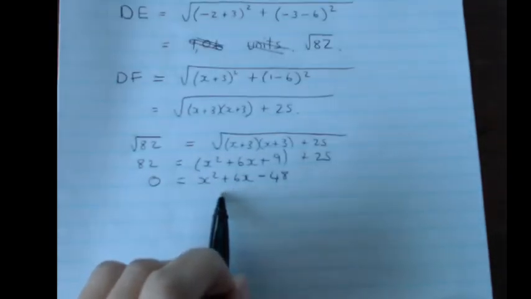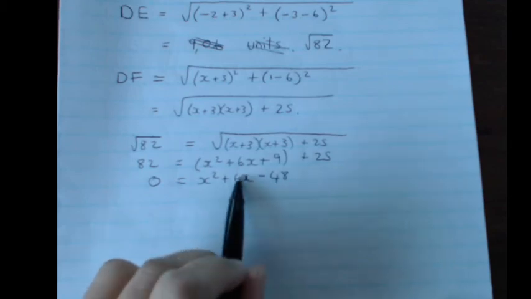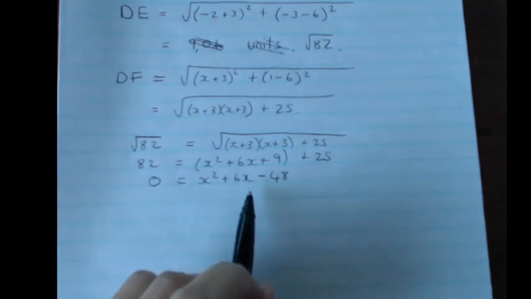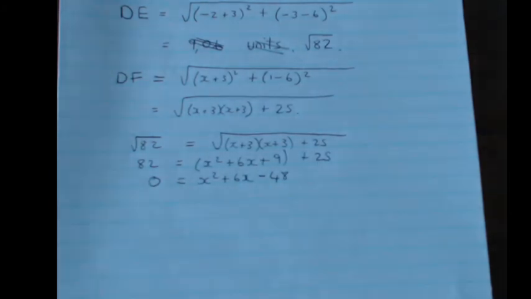And then I'm just quickly thinking, 12 times 4 is not giving me 6. 8 times 6 doesn't give me 16. I'm quickly trying to think what I can do to factorize this. 16 times 3 is not going to give me 6.